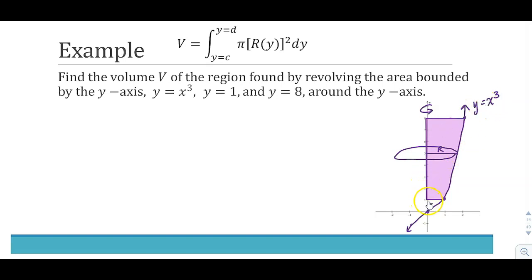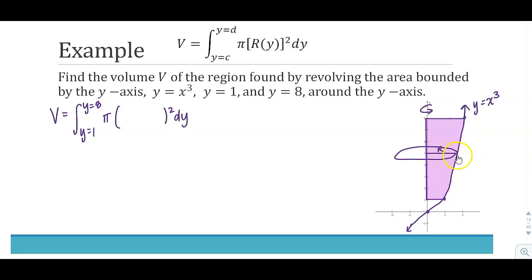So my limits of integration are going to have to be y values. So we're going to extend from 1 to 8. So I'm going to set up the volume as the integral from y equals 1 to y equals 8 of pi times my radius squared dy.